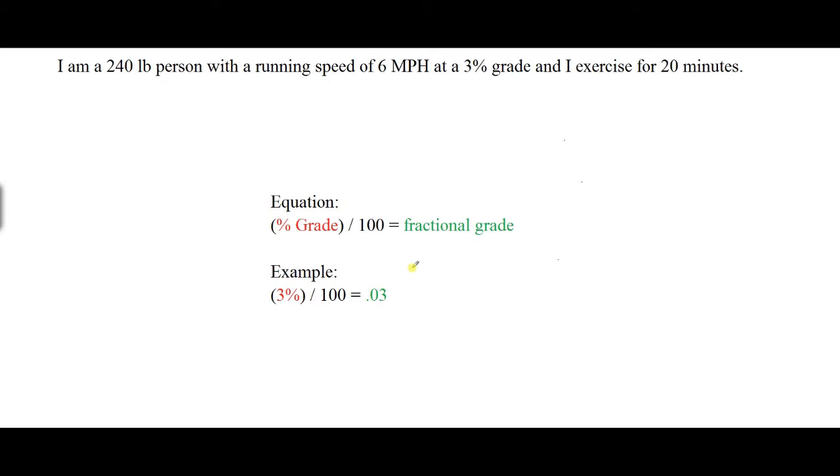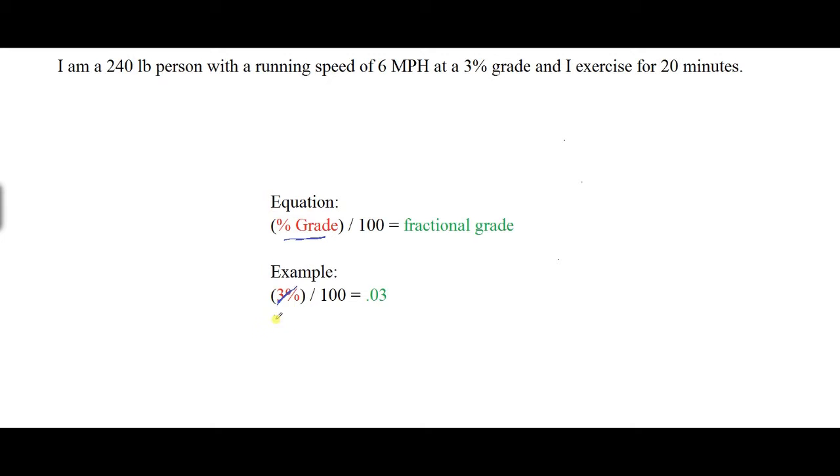Now that is only if a person is going to be using a grade. If you don't use a grade, then of course it's going to be 0. You don't even have to worry about it. However, if you're going to be running or walking outside, there are a few studies that show that you can at least somewhat make up, if not make up for the majority of, the confounding variables from running outside. So hills, running on grass, running on sand, things like that, by actually adding a 1% to 1.5% grade.